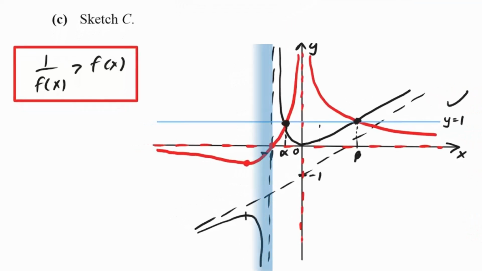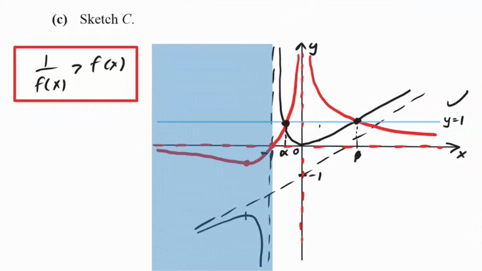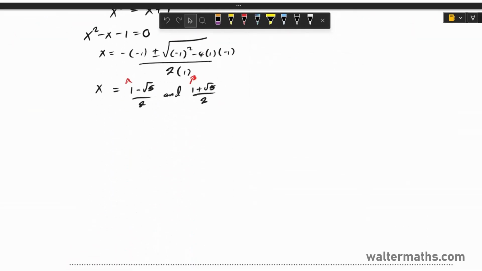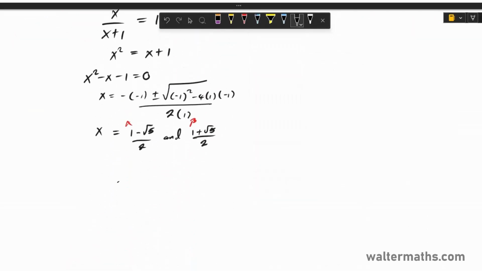So if you consider values that are less than minus 1, you can see that the reciprocal graph in red is vertically above the graph in black, which means values of x that are less than minus 1 are a solution. So that's the first solution right there. x is less than minus 1.